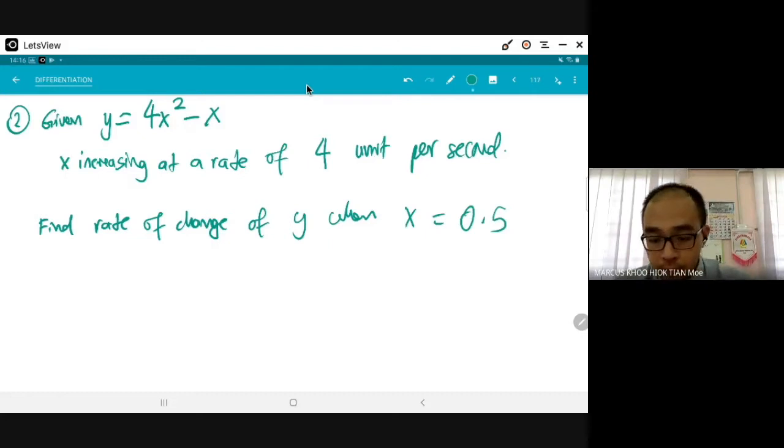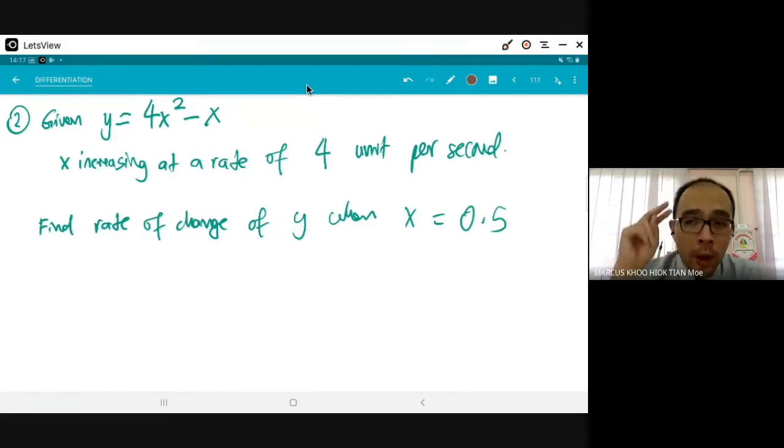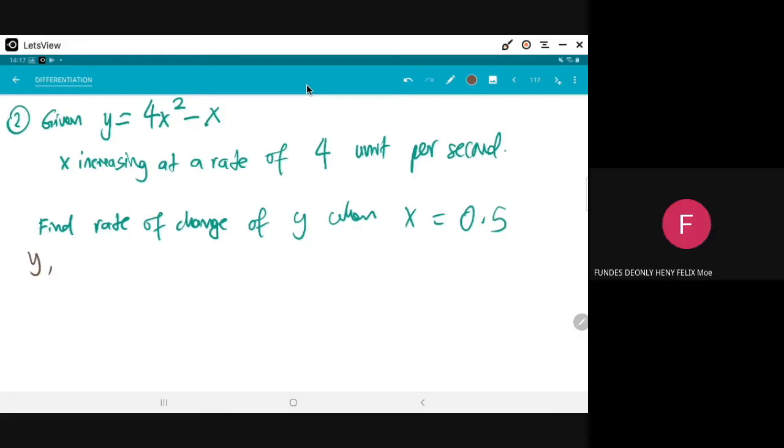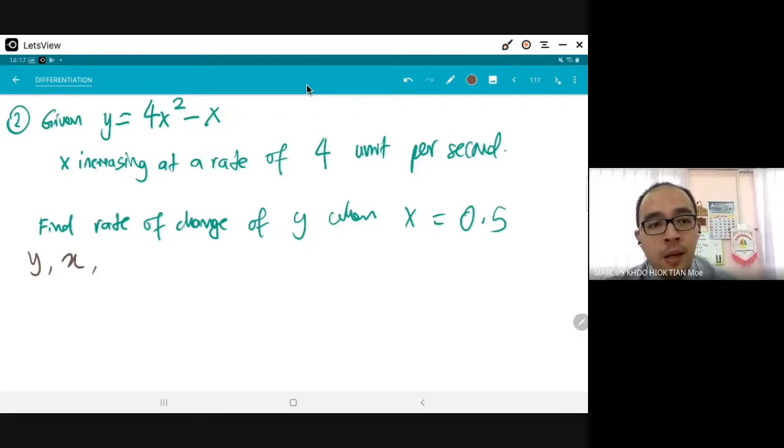Whenever you are faced with a rate of change question, first thing you do is identify the 3 letters involved. Second thing you do is form the chain rule first. So according to this question, what are the 3 letters involved? First letter is y, x, t.